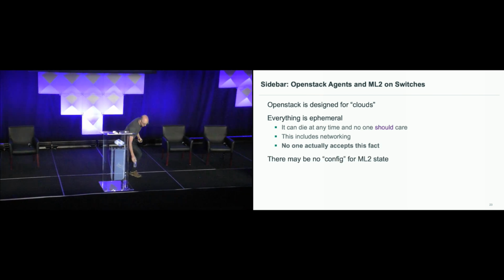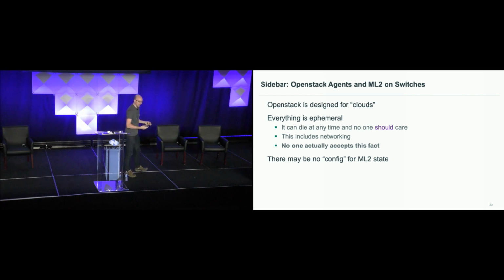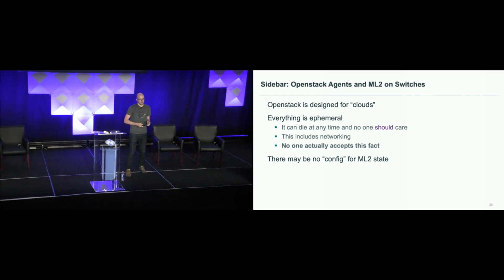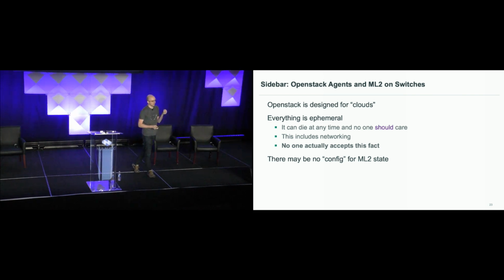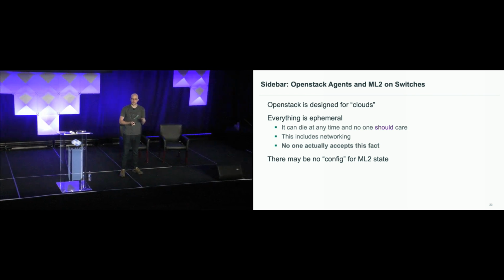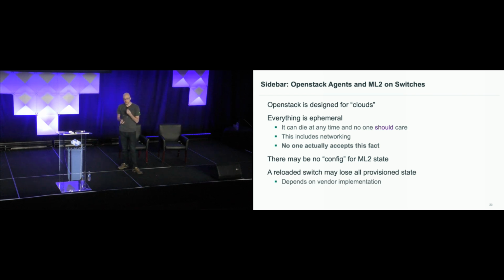With ML2, there might not be any configuration behind it, meaning that if a VLAN is pushed from ML2 down to that device, it's up to that vendor to determine whether or not that VLAN exists in the configuration or only in the state of the switch. So if I reload the switch, it's possible that I lose all of the state that was provisioned by ML2.